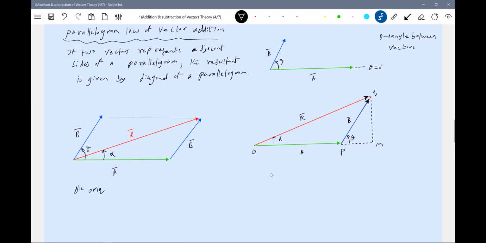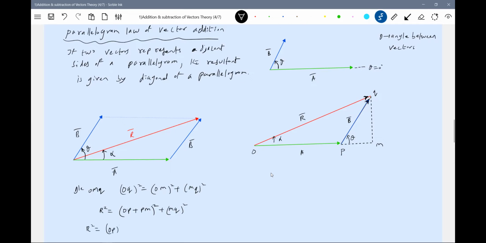you look at the triangle OMQ, then OQ square is equal to OM square plus MQ square. OQ square is R square. OM square is OP plus PM whole square, plus MQ square. We'll keep it, and try to see what we can further simplify.